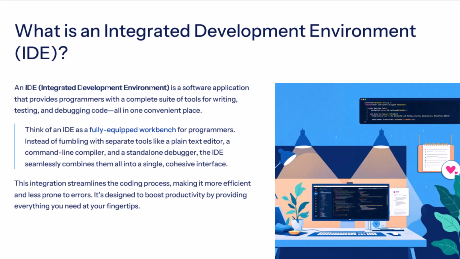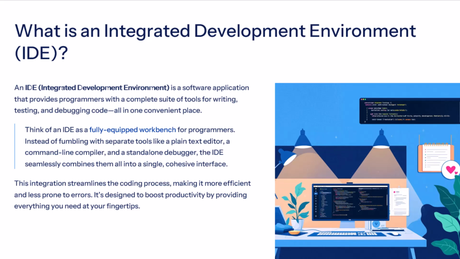Before we go into that, once you choose a programming language, you need what we call an IDE. So what is an IDE? An IDE is an integrated development environment. It's a software application that provides programmers with a complete suite of tools for writing, testing, and debugging code, all in one place.